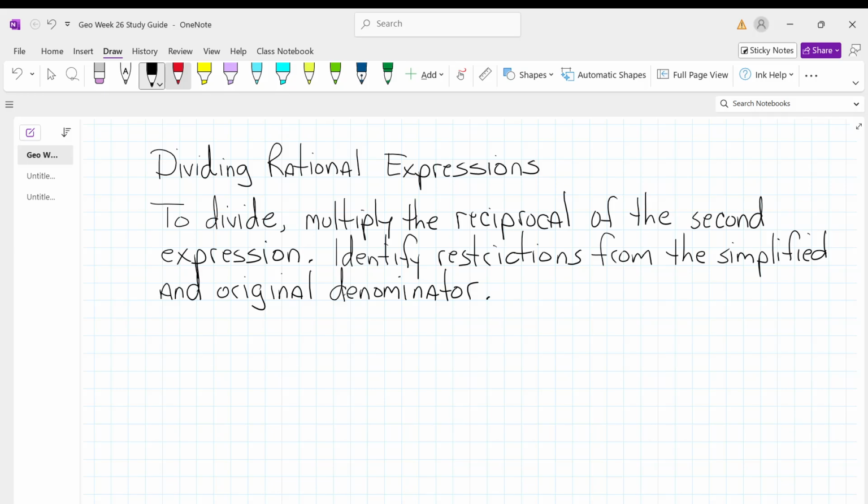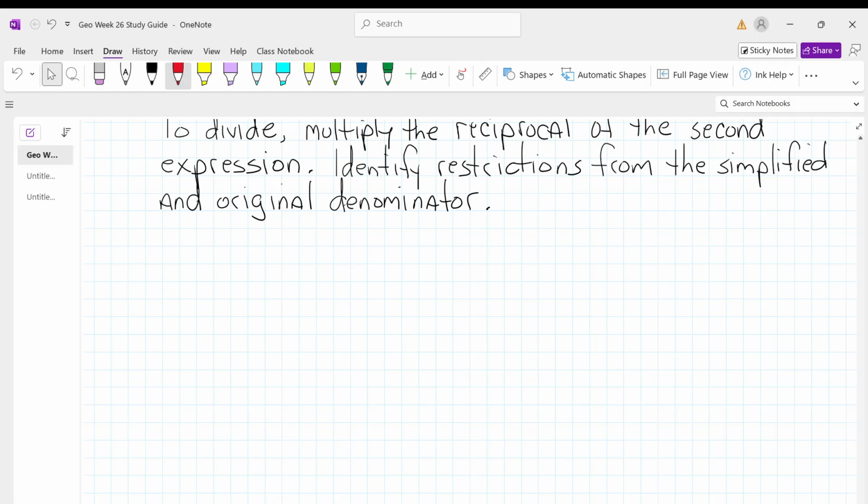All right, so when you're dividing rational expressions, you multiply by the reciprocal of the second expression and identify restrictions from the simplified and original denominators. So in the most basic form of division, if you had 2/3 and you were going to divide it by 1/5, that is the same as 2/3 times 5/1.